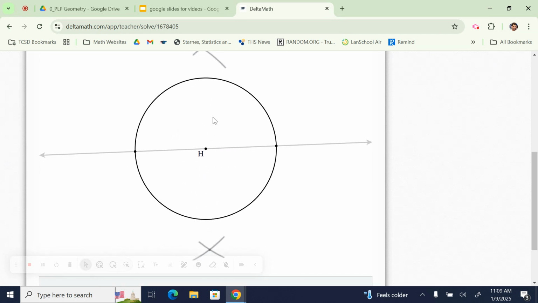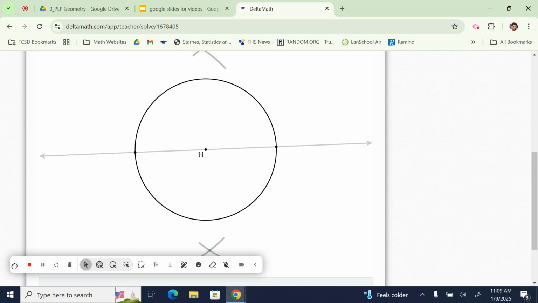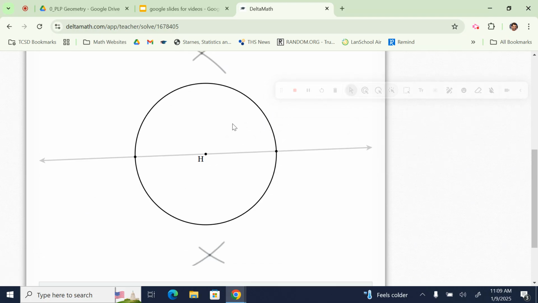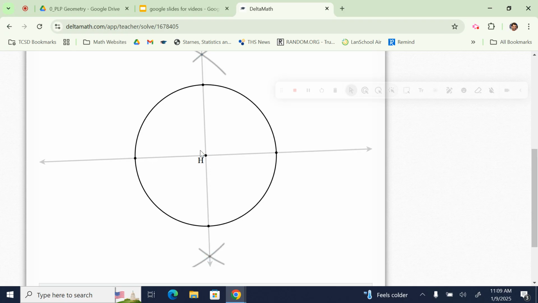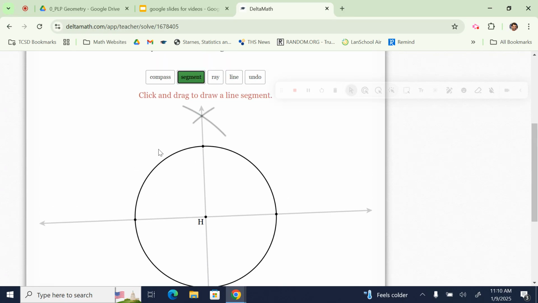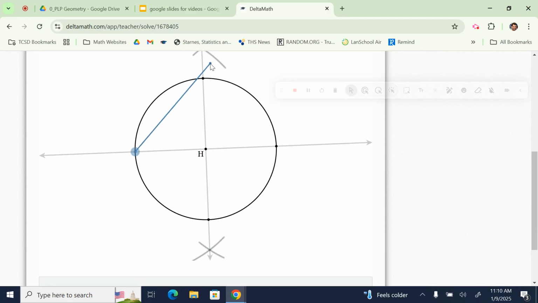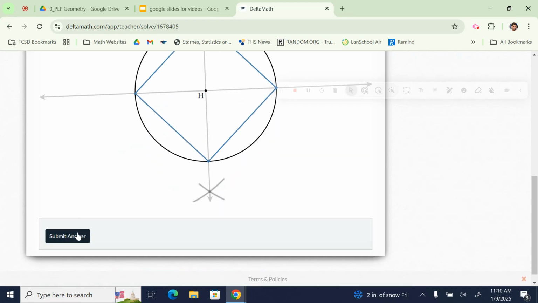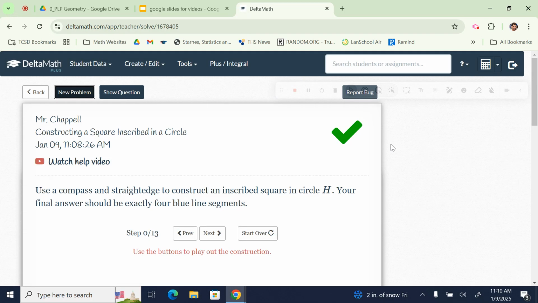My tools are getting in the way, so I've got to slide them over here. Okay. So the line tool from here to here. And notice it goes through H again, and it creates those 2 points. So now I'm going to take my segment tool. I'm going to connect those 4 points. 1, 2, 3, 4, and that should be my square.